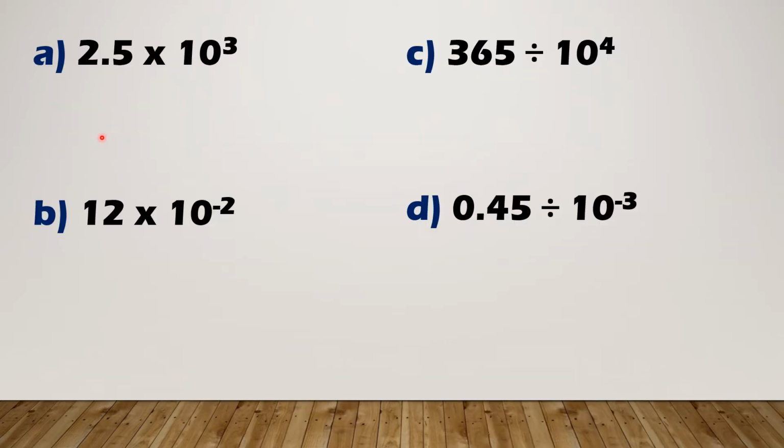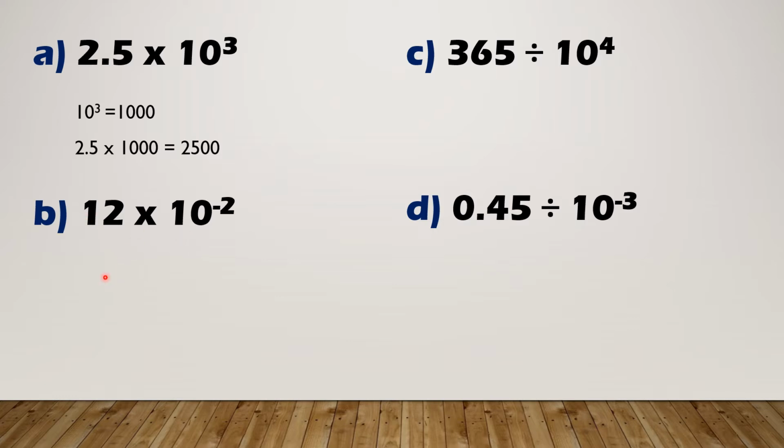Let's solve 2.5 multiplied by 10 to the power of 3. So start by writing 10 to the power of 3 in full, which is 1000, and then multiply 2.5 by 1000 and you get 2500. Let's move on to B. 12 multiplied by 10 to the power of negative 2.